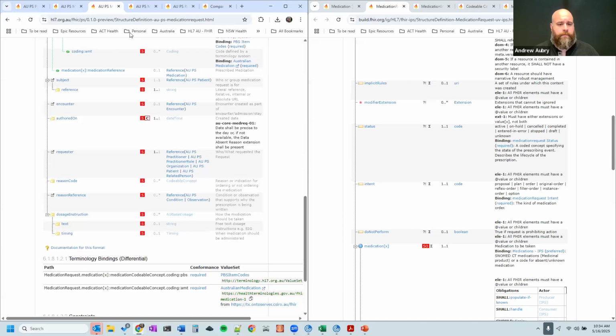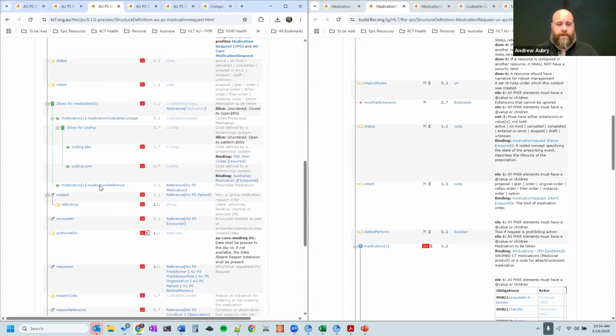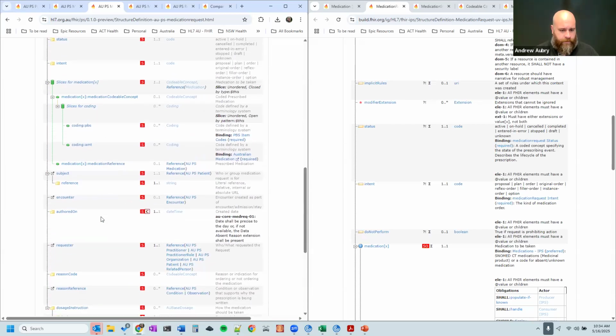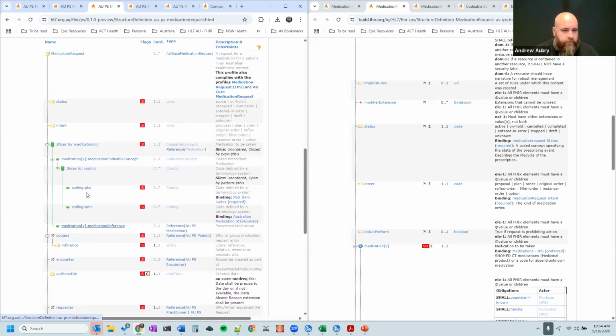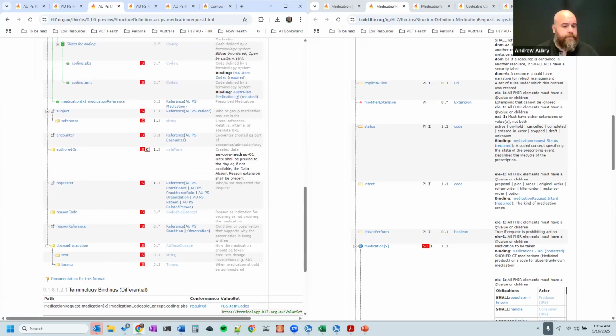And then route. With route, again, because of the codable concept from IPS, that does inherit some of the must supports on the codable concepts.